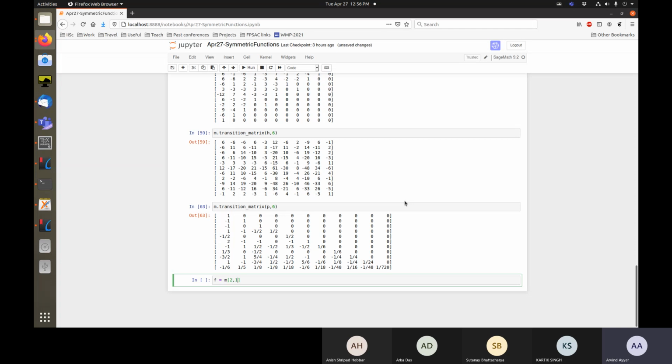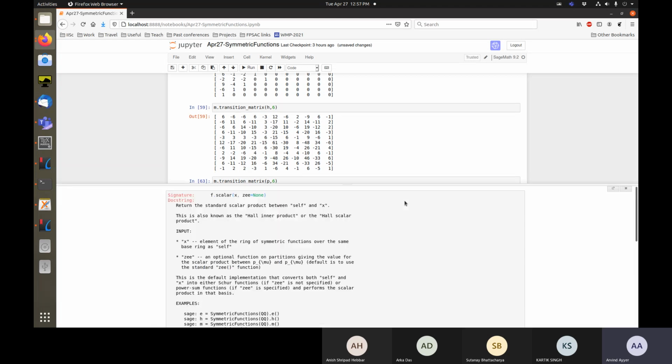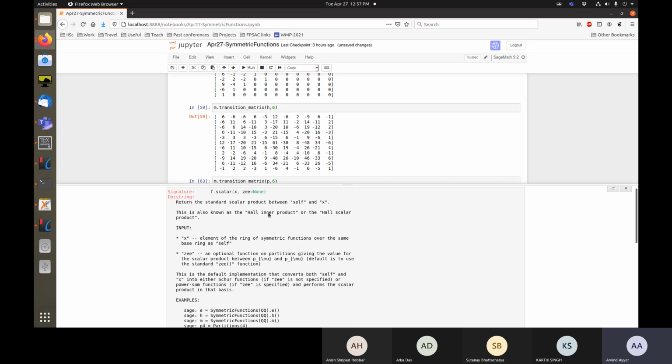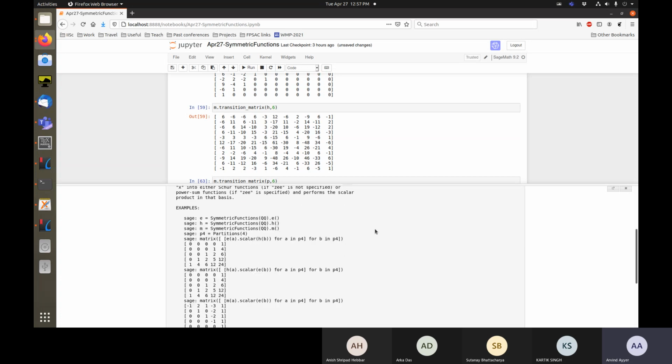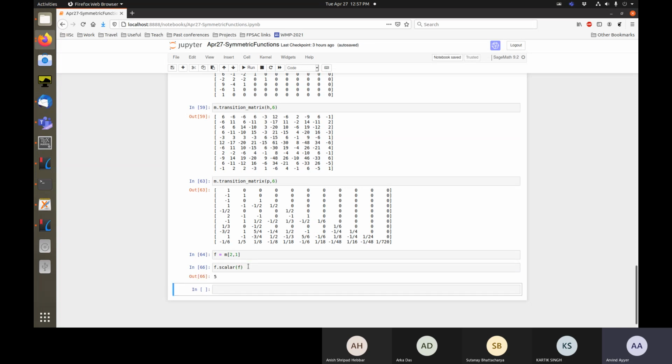If I take f equals m to 1, I do f dot scalar. This is the Hall inner product, as I said, the standard scalar product. We can take this scalar with f itself, so this gives 5.